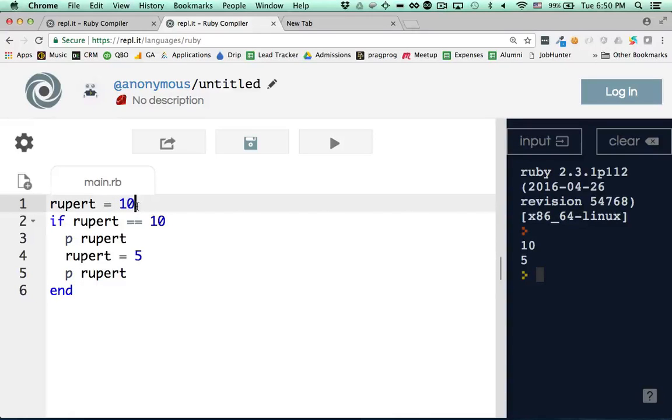So on line 1, we can see an example of that. Rupert equals 10. A single equals is a way to create a variable. But to check for equality, to check in a condition, to see if something equals something else, for that we use double equals. It's a little weird.